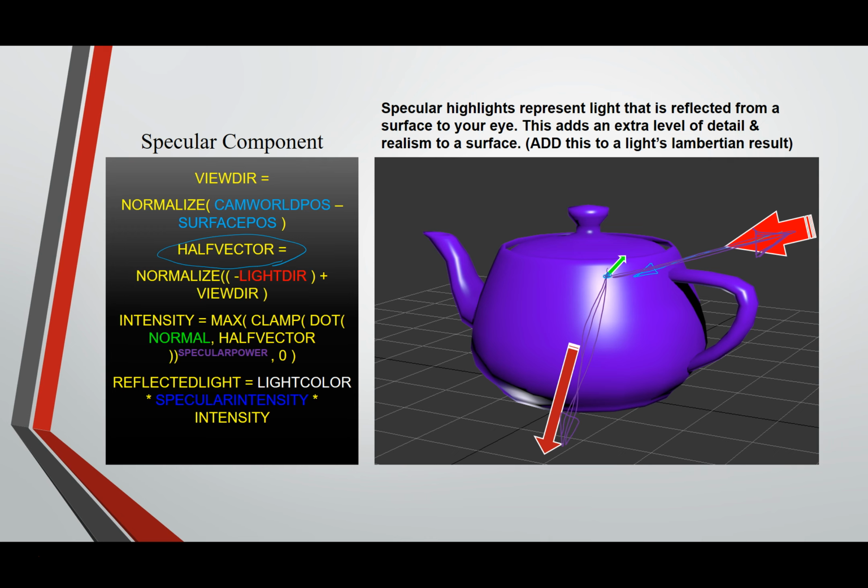And we're going to compute this thing called the half vector, which is the vector that is halfway between those two vectors, which is easy to do. Just add them together and normalize them. And what that really does is just an average. That normalize call is not only ensuring that this half vector that I'm drawing here is normal length, but it's halfway between those two vectors.